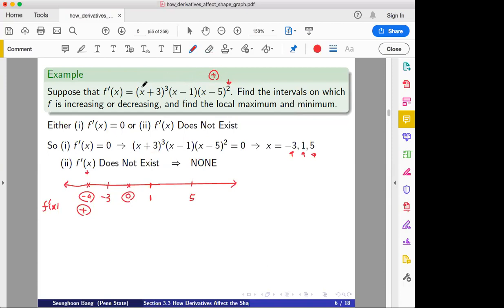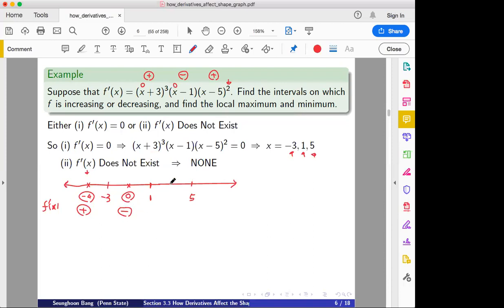Plug 0 into x. 0 plus 3 is positive, 0 minus 1 is negative. Positive, negative, positive. So this is negative.